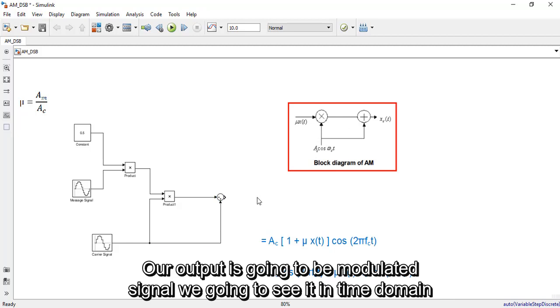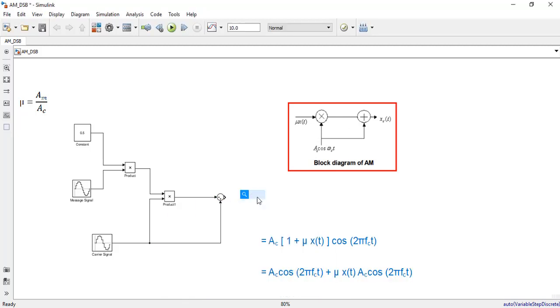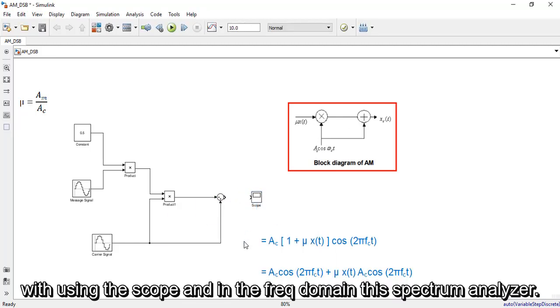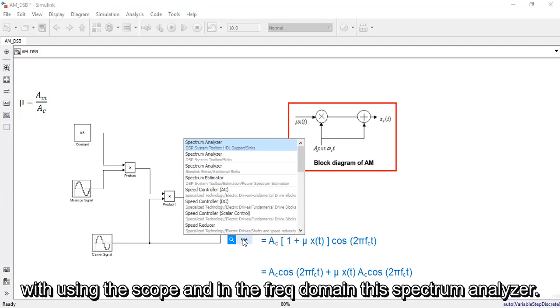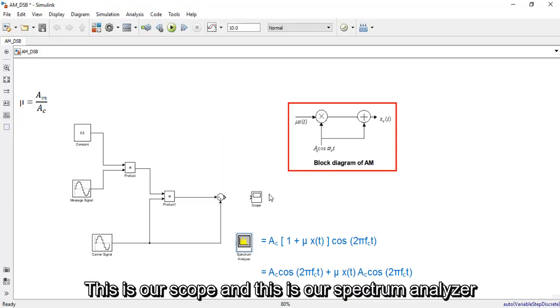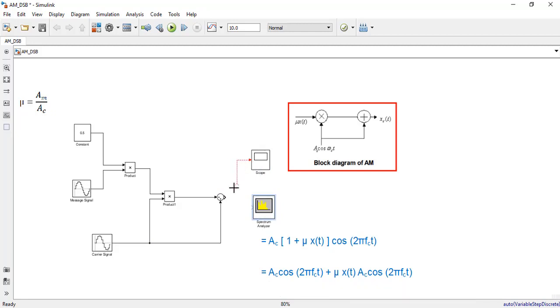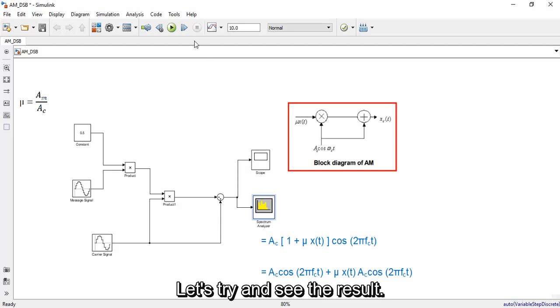We're going to see it in the time domain by using the scope, and in the frequency domain by using the spectrum analyzer. So this is our scope, and this is our spectrum analyzer. Let's run it and see the result.